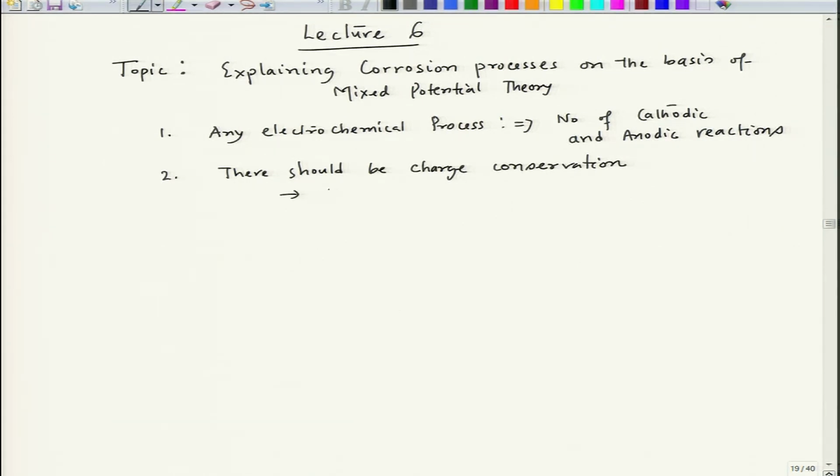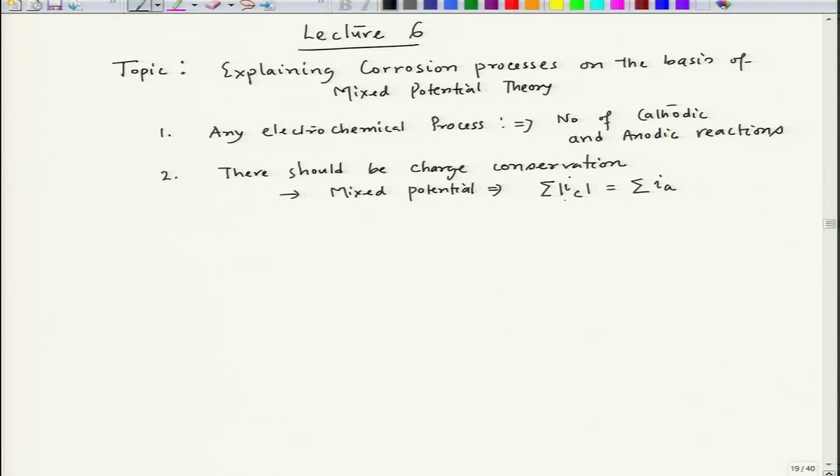It also leads to a mixed potential which lies in between the equilibrium potentials of those cathodic as well as anodic reactions, and at that potential we have a situation where the sum of IC equals the sum of IA.